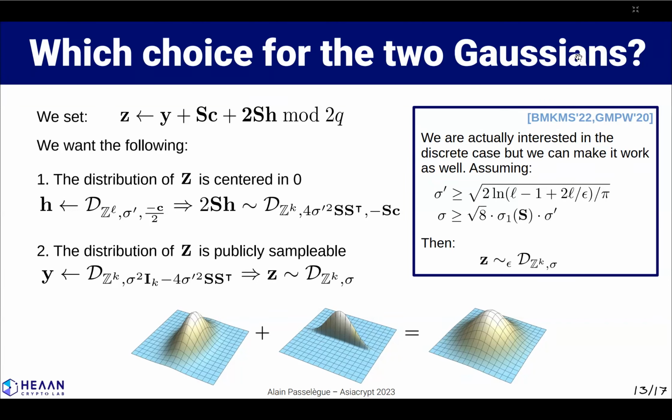We are actually interested in the discrete case, but if you follow the previous work, basically what happens is that the discrete case works well if you have good enough standard deviations. We don't even need to do anything in the paper to do that, because there are actually lemmas provided by the previous paper that tell exactly what we want. And so in the discrete case, it works as well.